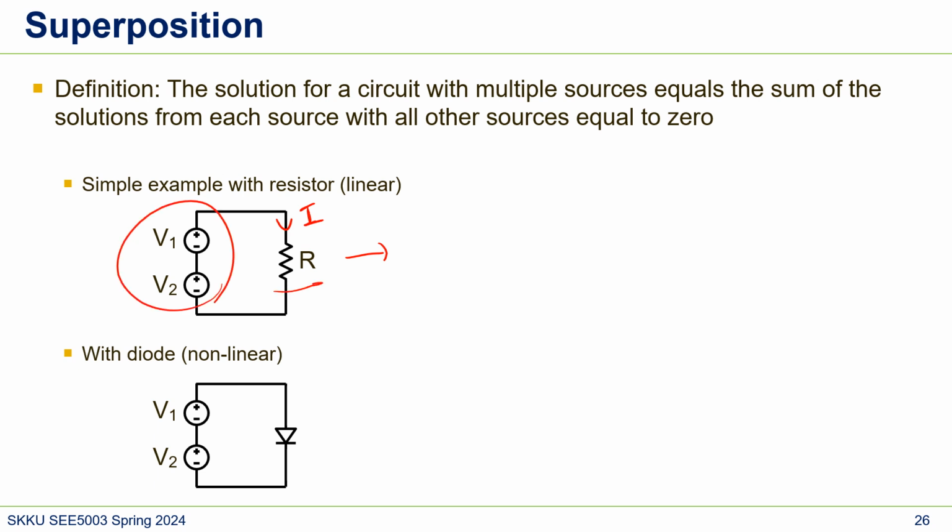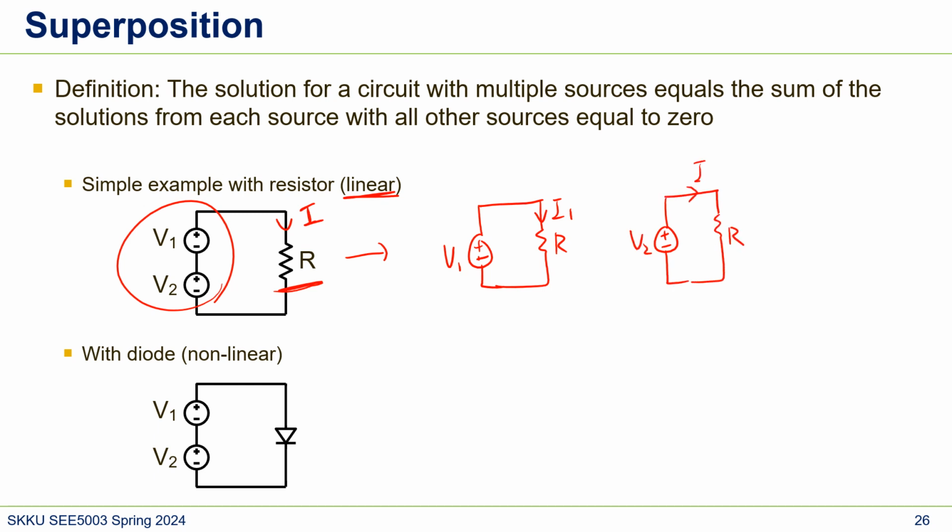Since this resistor is linear, what we can do is consider R with V1, giving I1, and also V2 with the same R, giving I2. So I1 is V1 over R, and I2 is V2 over R.